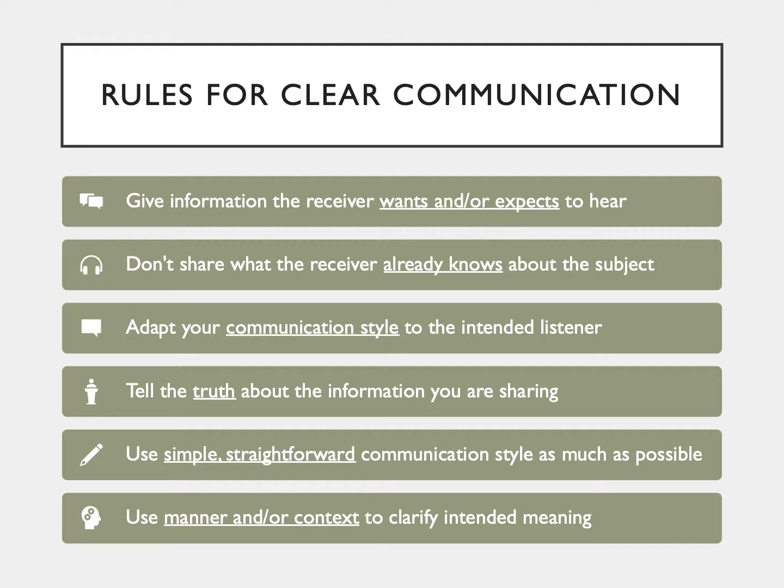First, you want to give the receiver the information that they want or expect to hear. It's really important that the level, the type, and the quantity of information depend on the purpose of communication. For example, if you're on a trip in Europe and someone asks where you're from, it probably wouldn't make sense to say Fullerton.